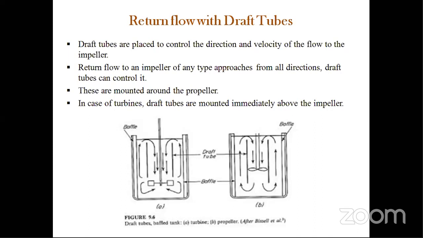So if you place tubes, they are called draft tubes. A tube is placed with the propeller or the impeller. So what happens when the solid particles are placed on the upper portion? They are rotated down and are stuck in between the draft tubes.